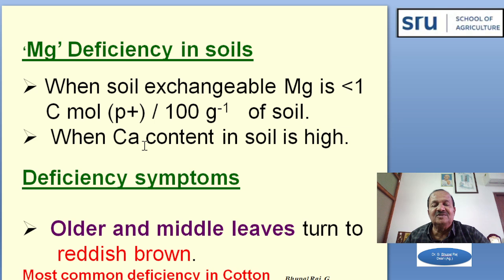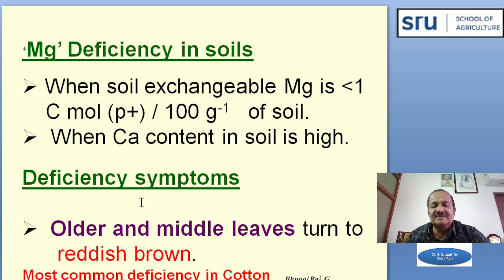When we do the soil test for magnesium, if we find the magnesium is less than 1 centimole per 100 grams of soil, the soil is called deficient in magnesium. Generally, what happens is when the calcium content in the soil is more, the soil is likely to be deficient in the magnesium.